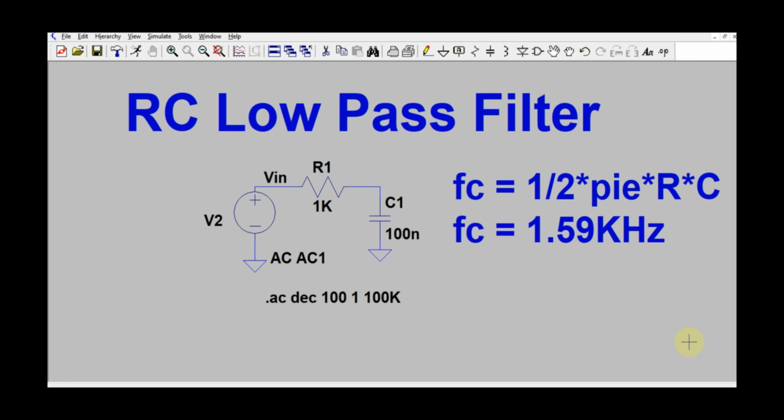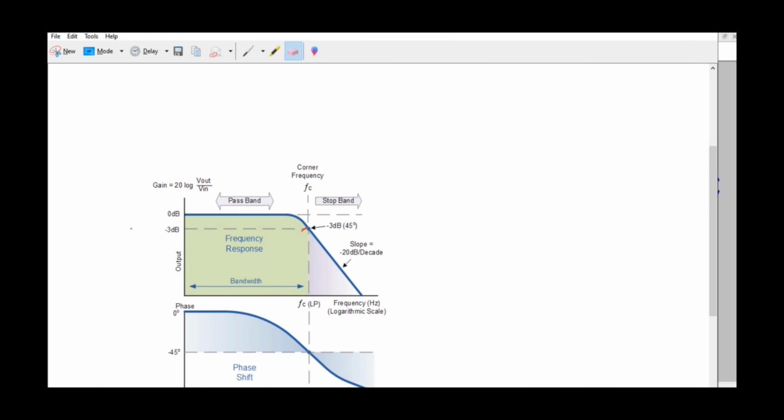Let us learn a bit about the theory of how a low pass filter works. Then we will run the simulation and see the behavior of the RC low pass filter.